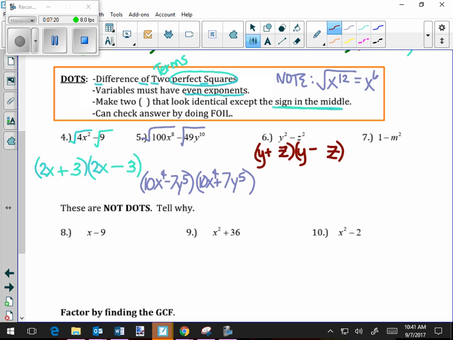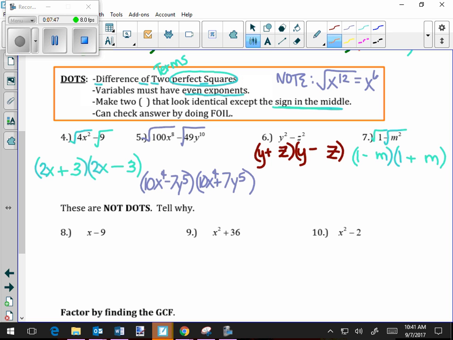And then the last question here, question number 7, notice that your problem starts with a 1. The square root of 1 is 1. A lot of times kids will like to see the variable come first, but if your problem starts with the number, your parentheses have to start with the number. And then the square root of m squared is m, so 1 plus and 1 minus.